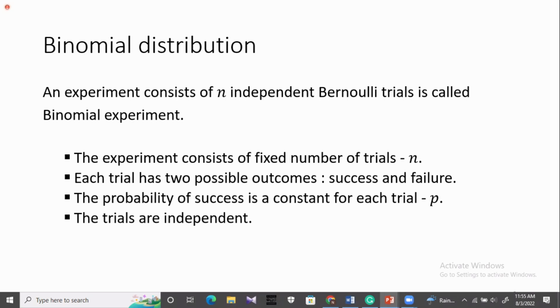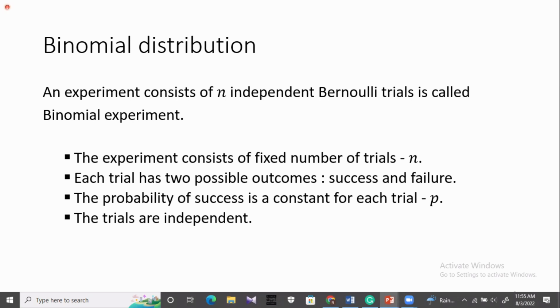You can have one of those two possible outcomes at once. But in binomial distribution, it says an experiment consists of n independent Bernoulli trials. In a binomial distribution, there are n number of Bernoulli trials.